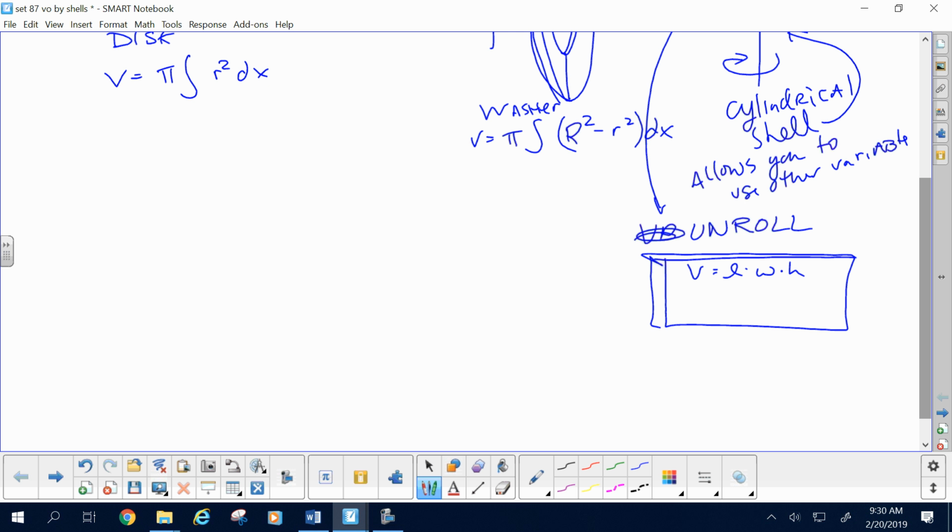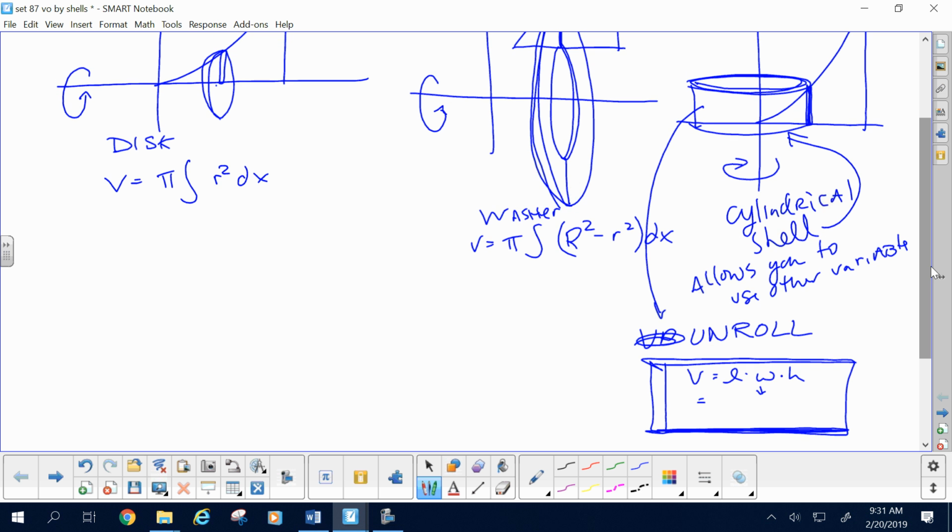Let's go with the width. What's the width? Scroll back up. What's the width? Say it out loud so I can hear it. Somebody's here saying it.